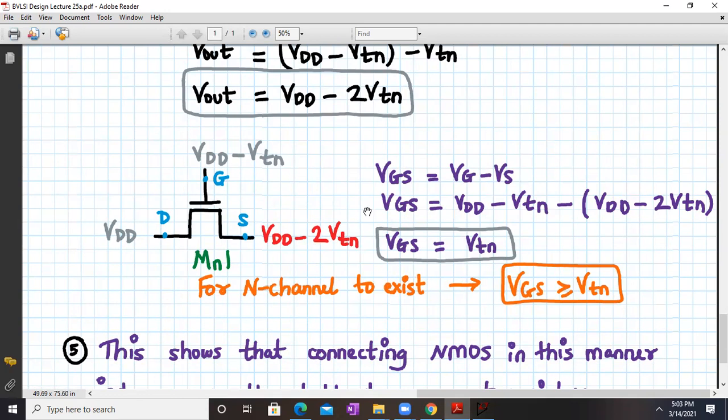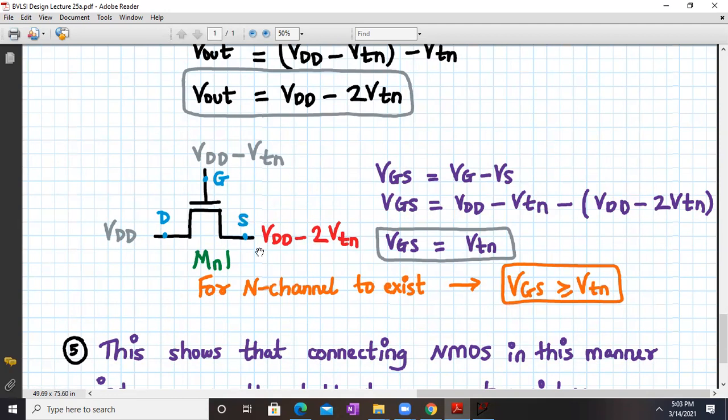Then the N channel won't exist, which is not true. So what should be the value of Vs? Vs should be VDD minus twice VTN, so that my VGS becomes at least VTN. For the N channel to exist, your VGS has to be at least equal to VTN.